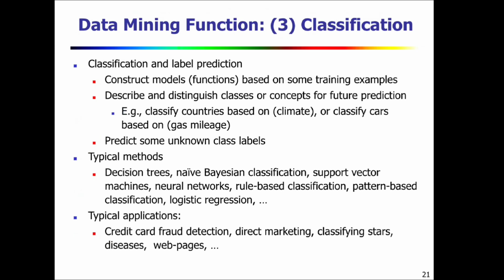After classification, you use it to predict unknown class labels. Typical methods used in classification are decision trees, naive Bayesian classification, and support vector machines. Typical applications are credit card fraud detection, direct marketing, and classifying stars and diseases. There are numerous applications for this.